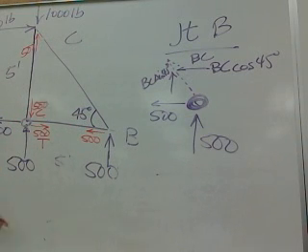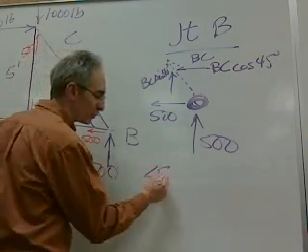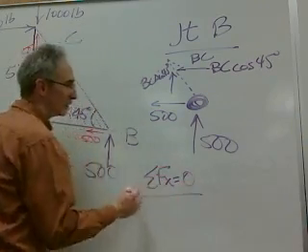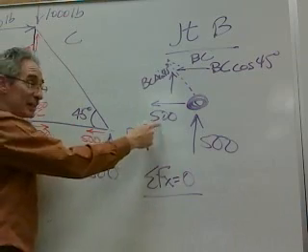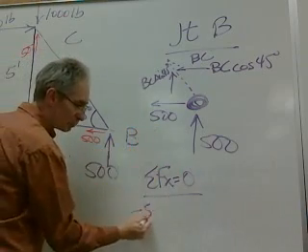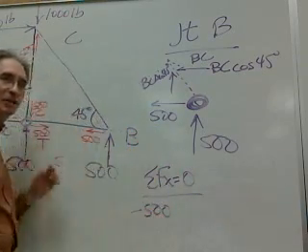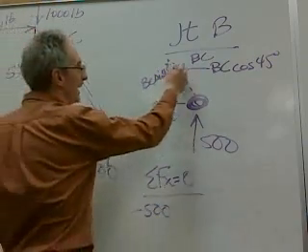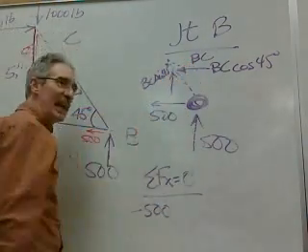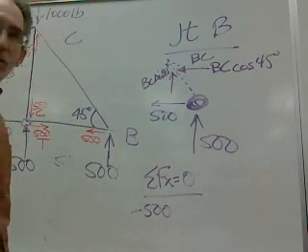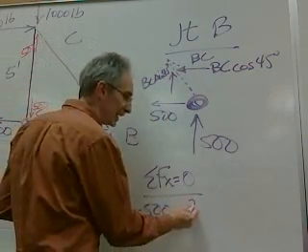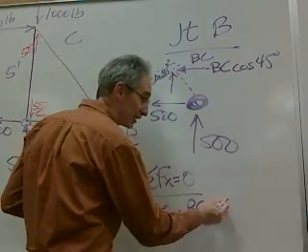All right. Let me do sum of forces in the x direction. What do I have? I got this one. That's minus 500. I say minus because it's acting to the left. And then the BC x component is BC cosine 45. It's also shown acting to the left.